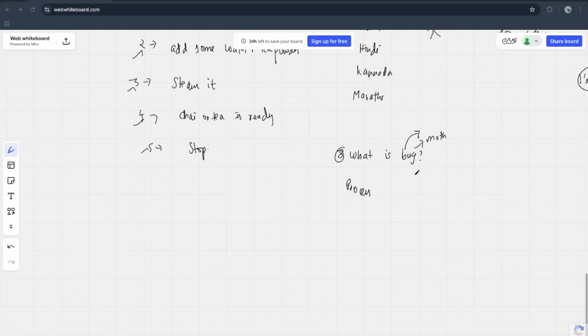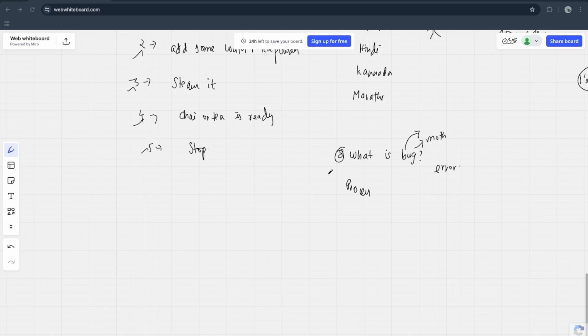A bug means something that prevents the execution of the program. You can say it's an error. For example, you are opening your Instagram and unfortunately it is logging out without your permission. That is called a bug. If you are opening WhatsApp and you can't like a particular message or comment, even though you are trying, that is called a bug.